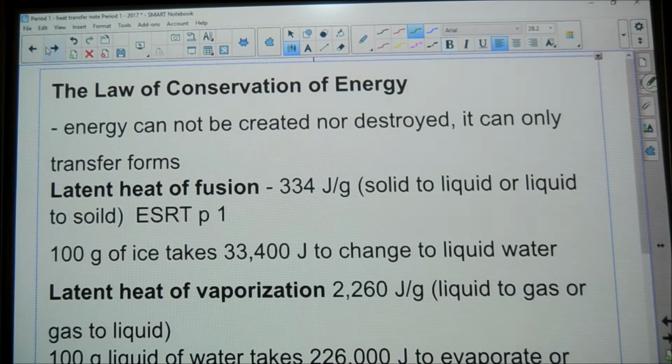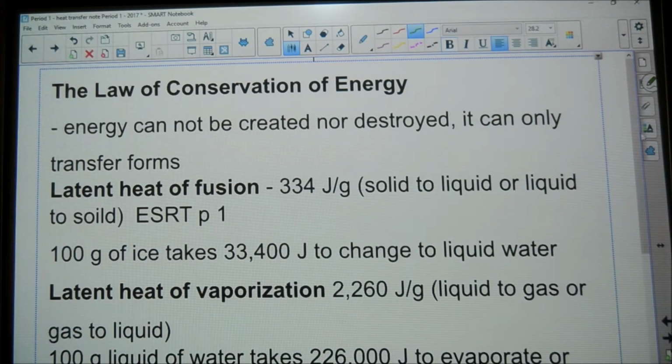Latent heat of vaporization, same concept as latent heat of fusion. This one I'm going from a liquid to a gas or a gas to a liquid. Notice it takes a lot more energy to go from a liquid to a gas or a gas to a liquid. This one is 2,260 joules for every gram. Same concept.